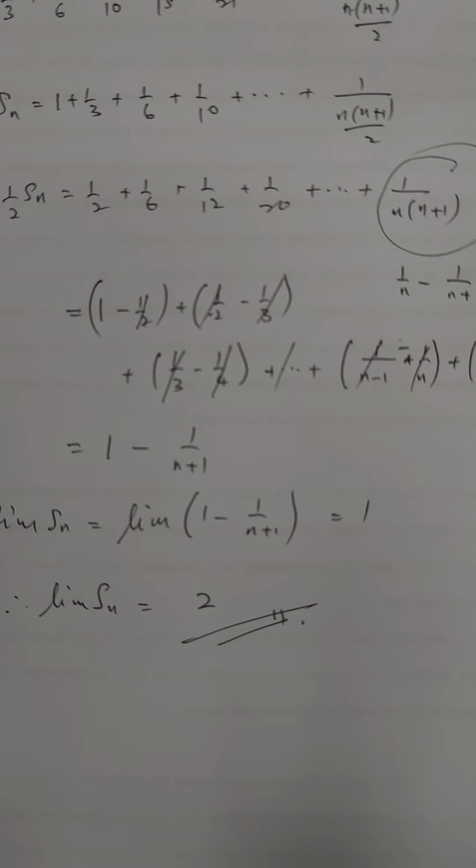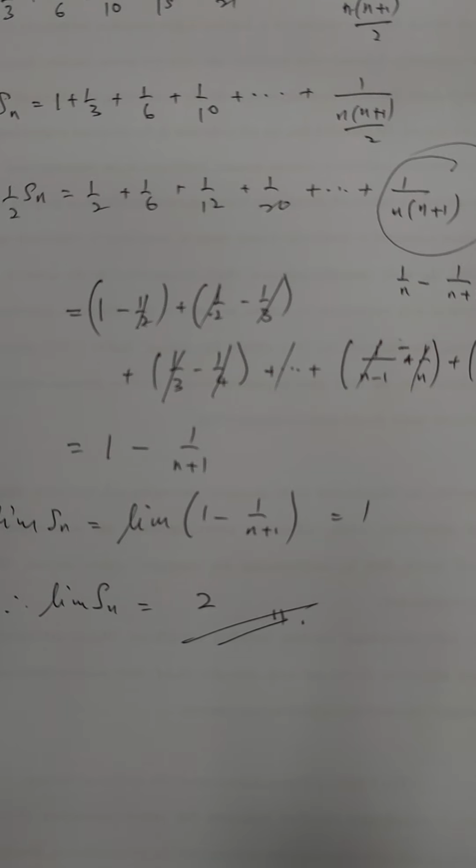So with the main theorems that I have discussed, I think the one that might confuse a little bit is the first theorem: if the given series converges, then the limit of un is 0.